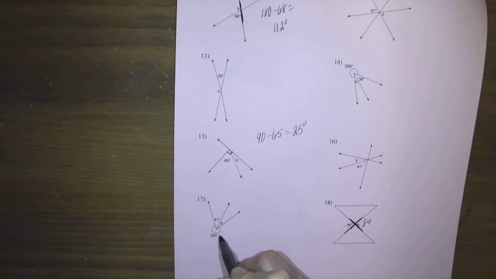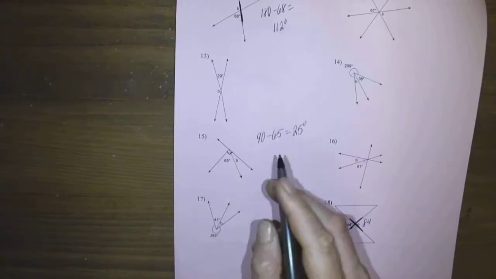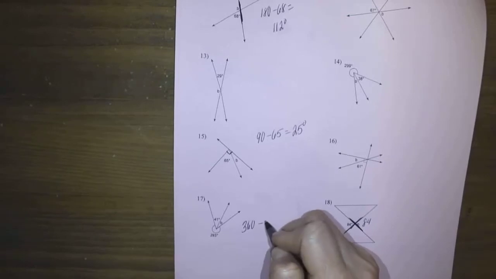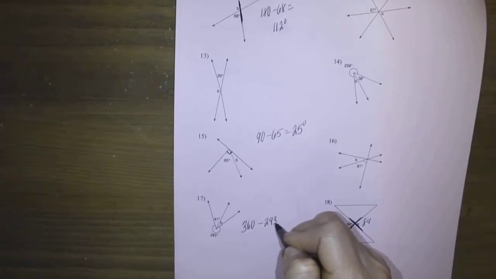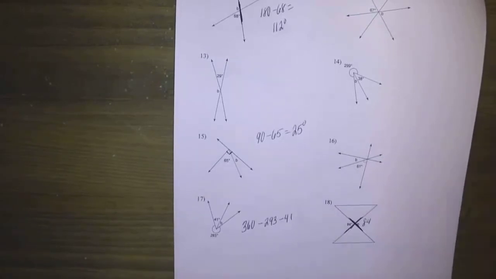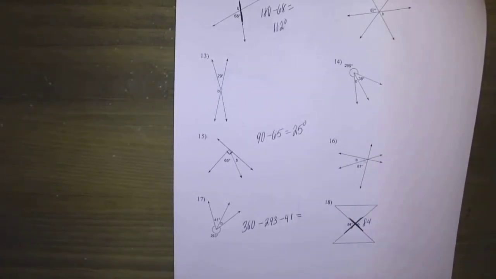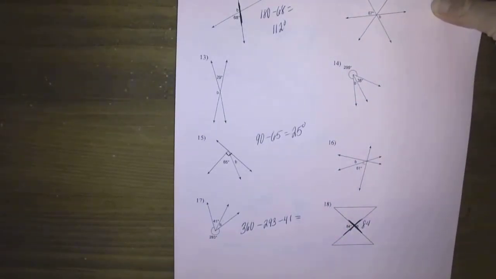And if you see that you're going all the way around a circle, that is 360. So 360, I already used 293, and I already used 41. If I subtract those out, which I'd like you to do on your own, that'll tell you what's left over for little angle B. So that'll give you some help. I'd pause it and make sure that you can do 11 to 18.